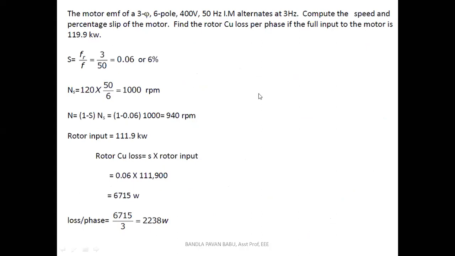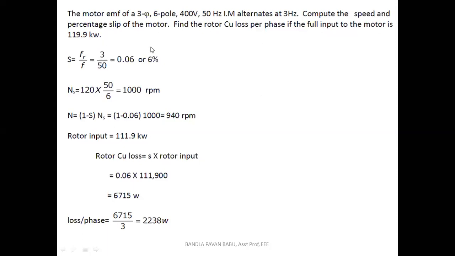Okay, so what are the given data there? 6-pole machine, and the motor EMF is 400 volts, 50 hertz. Supply frequency is 50 hertz, and the induced EMF is 400 volts. Of course it is also the supply voltage. Compute the speed and percentage slip. Also find the losses if the input is 119.9 kilowatts.